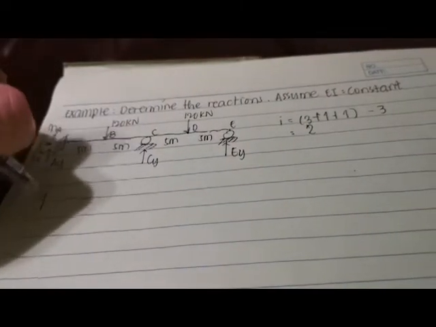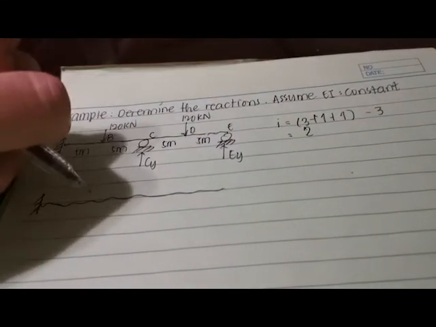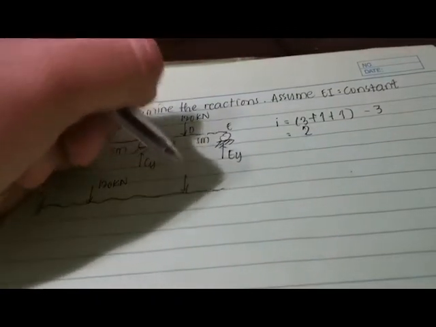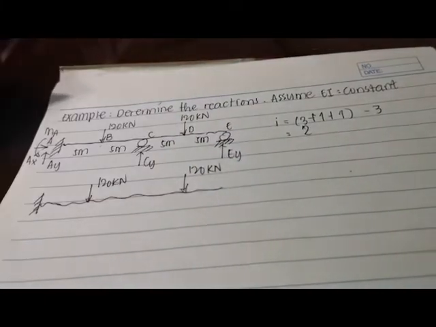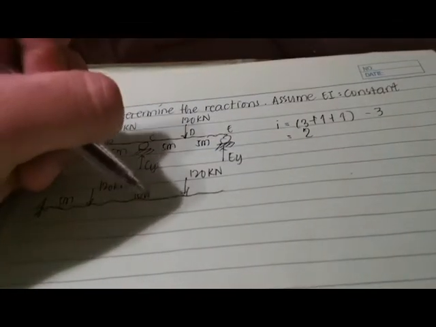Okay? So therefore, your primary beam will now become this one, subjected to original loads. So 120 kilonewton and then another 120 kilonewton. So this is 5 meters. This is 10 meters.